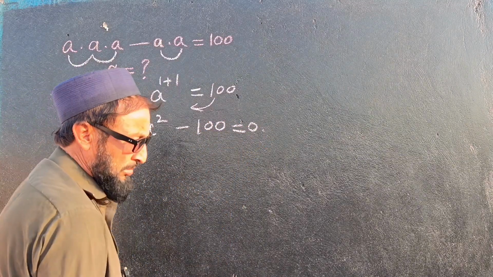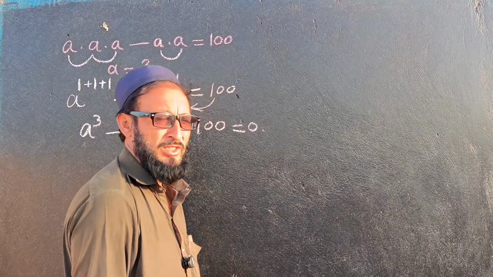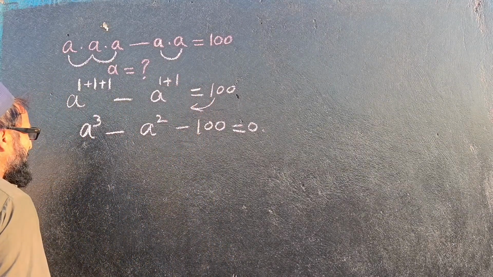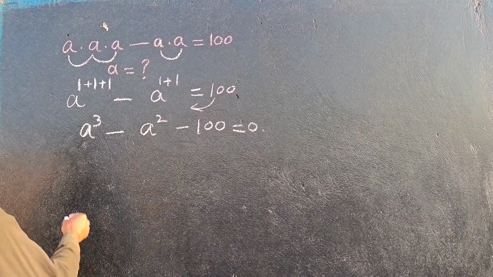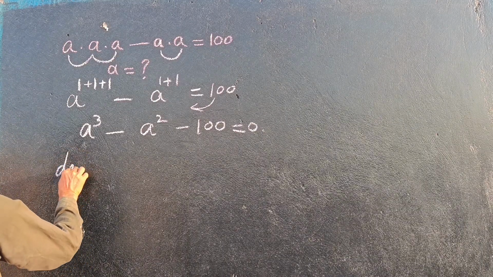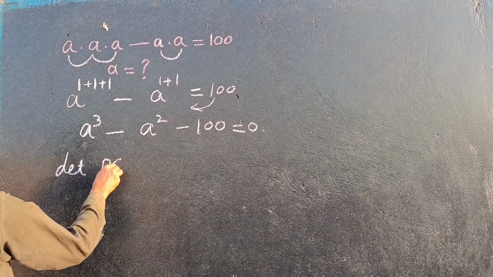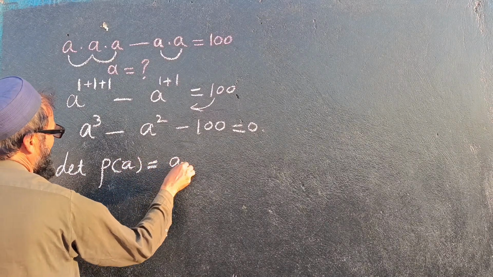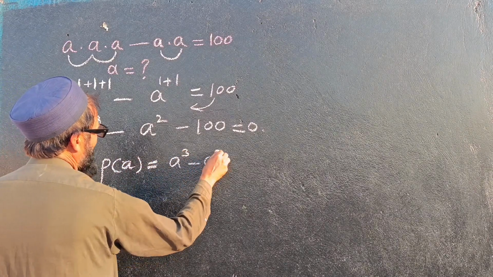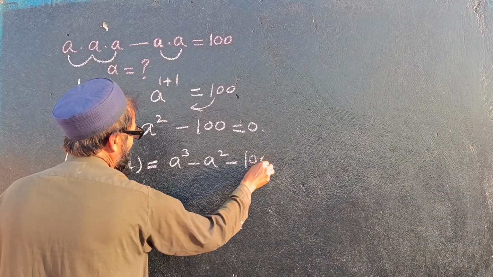Now there are many methods we can use to simplify these terms, and we can also use the synthetic division method. Let us take the polynomial P(a) equal to a cube minus a square minus 100.